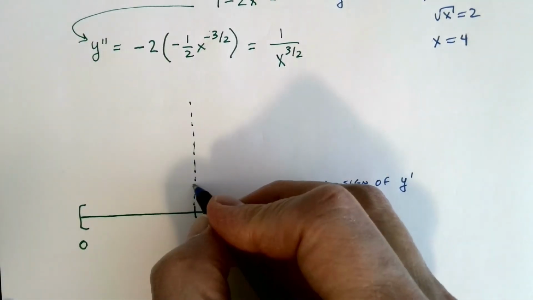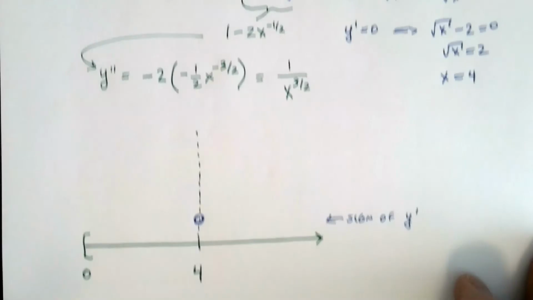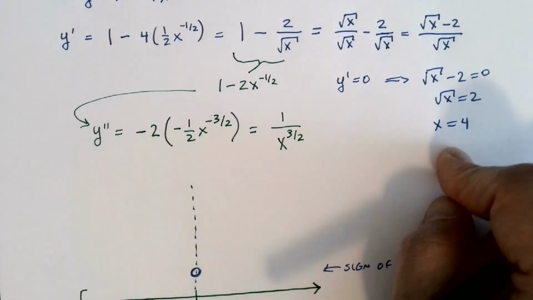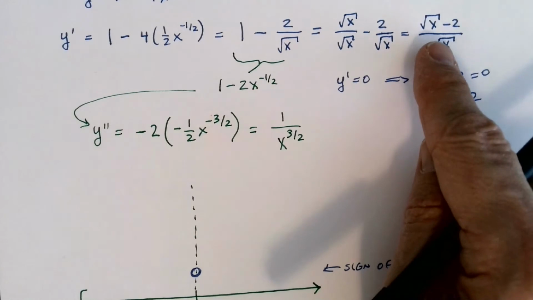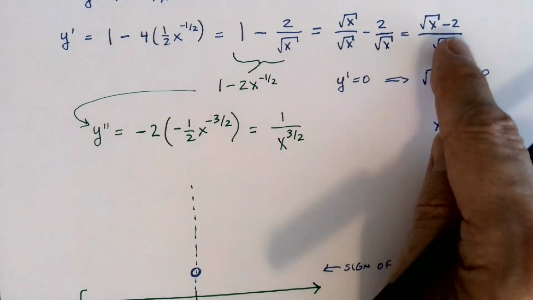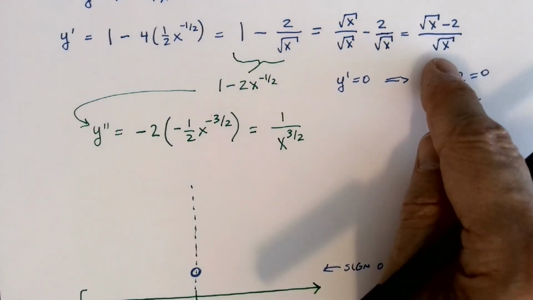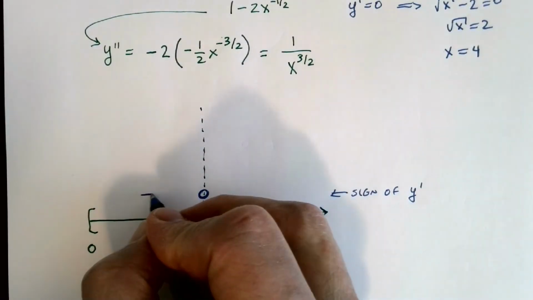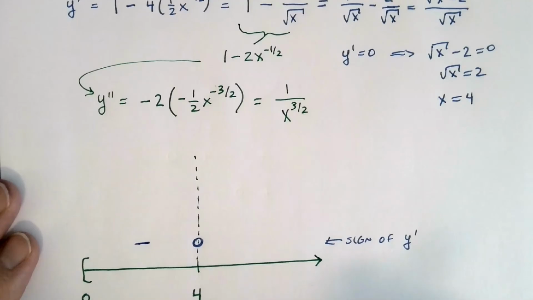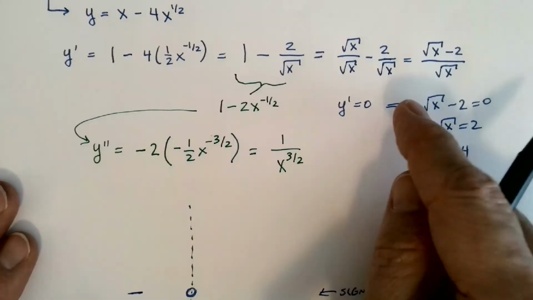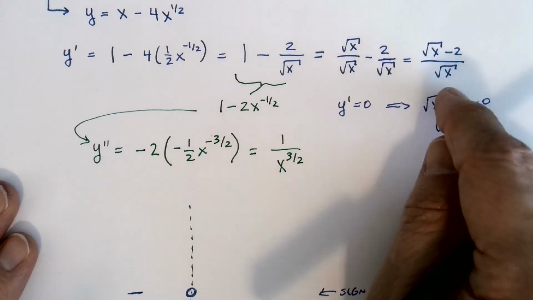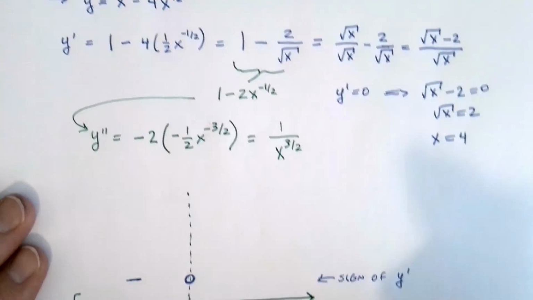We said at 4 the first derivative was 0. And let's look at values between 0 and 4, like if I plug in 1, square root of 1 minus 2 is negative 1 over the square root of 1. Negative 1 divided by 1 is negative. So the first derivative is negative. And then for values greater than 4, like 9, square root of 9 is 3. 3 minus 2 is 1. I get 1/3, positive though.